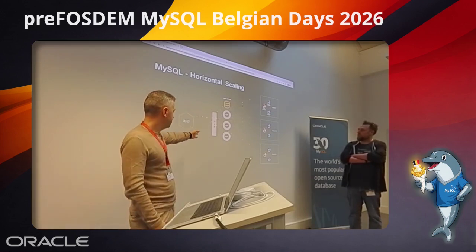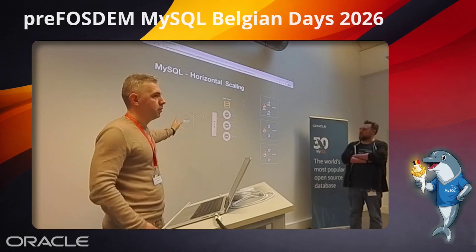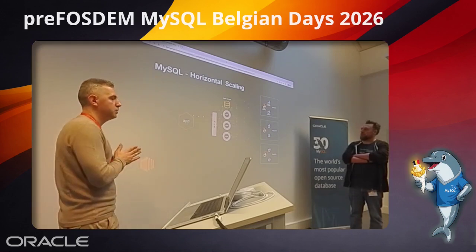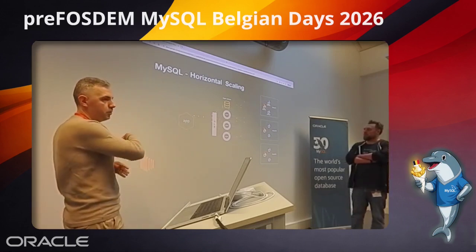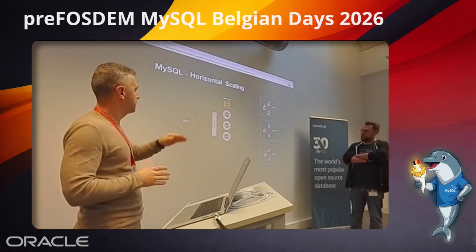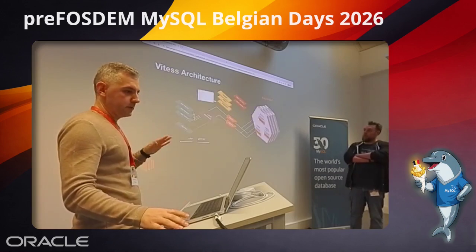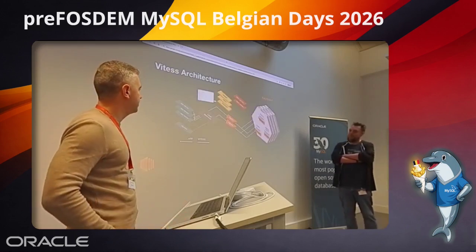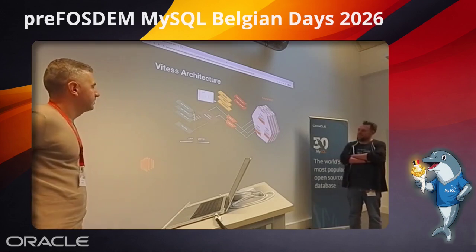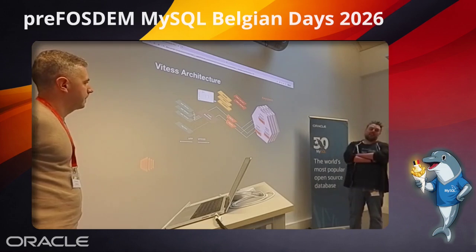Usually this lives behind a network load balancer, so the application connects as if it were a single MySQL connection, and all the complexity is on the right side. A more advanced architecture is this one, and Matthias will take over.